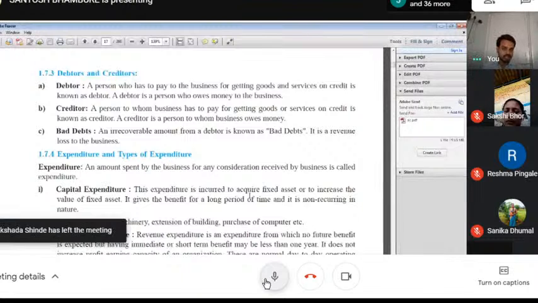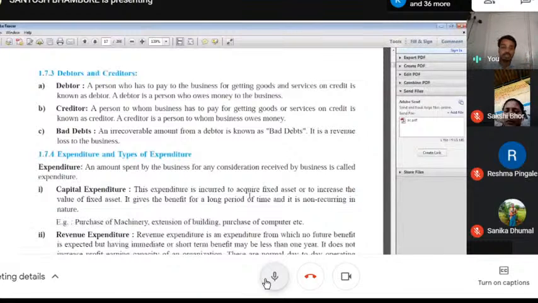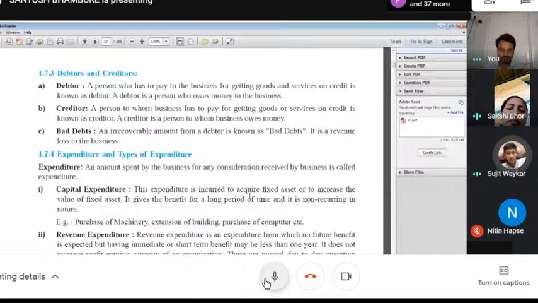For example, if I purchase a car on a cash basis, I enter in my books: car account debit to cash. But remember, that is an entry.